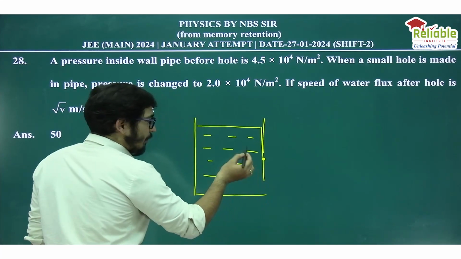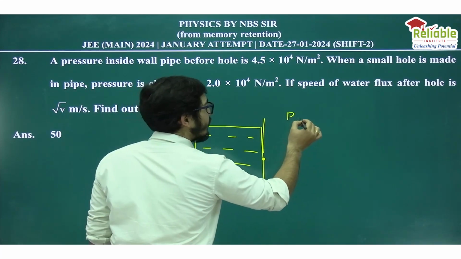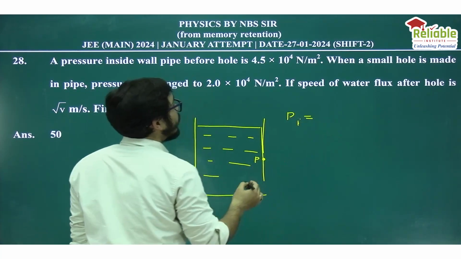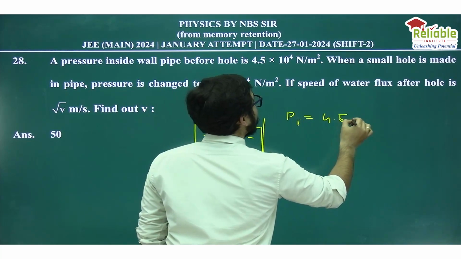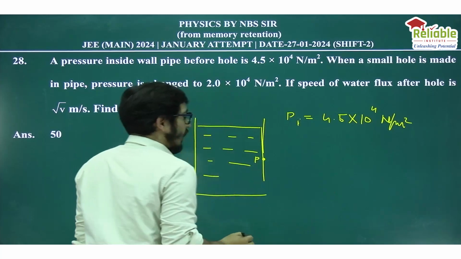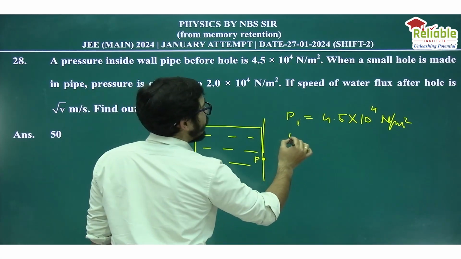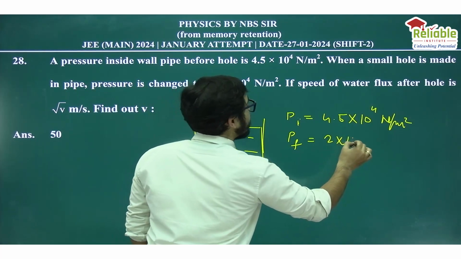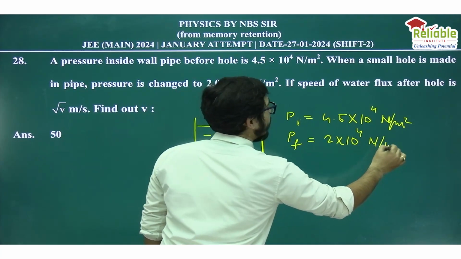Before making the hole, the pressure given to you at this particular point is P initial, 4.5 into 10 raised to power 4 Newton per meter square. After making the hole, the pressure at the same point is 2 into 10 raised to power 4 Newton per meter square.